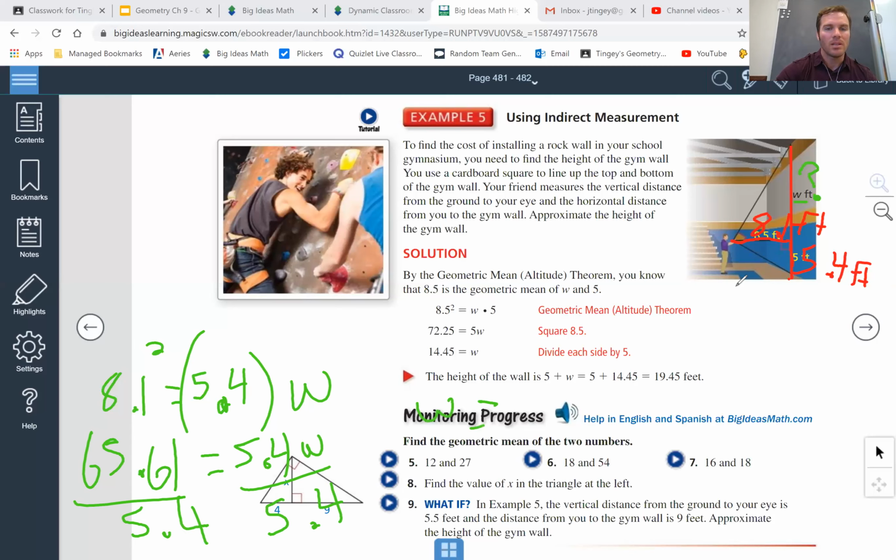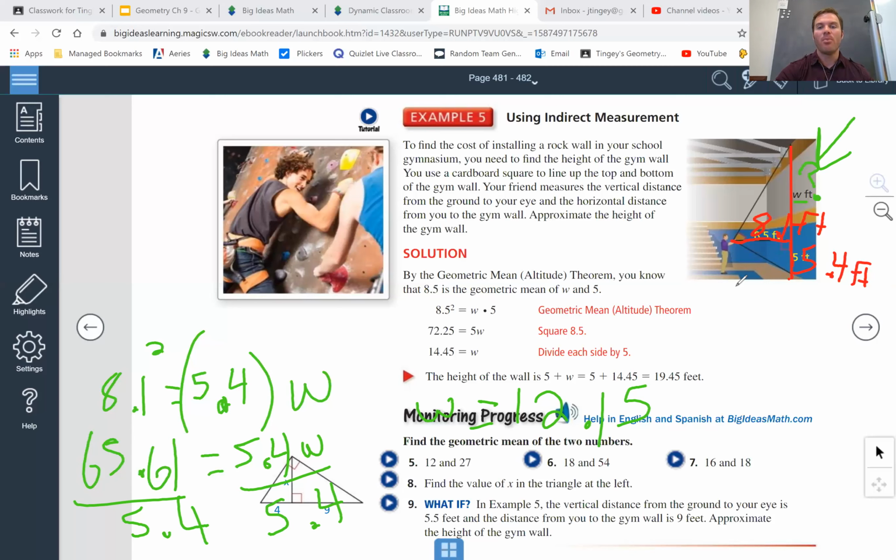So W equals, let's see, 65.61 divided by 5.4 is 12.15. Okay, that's W. Now that's this point right here. Now we need to add the whole side.